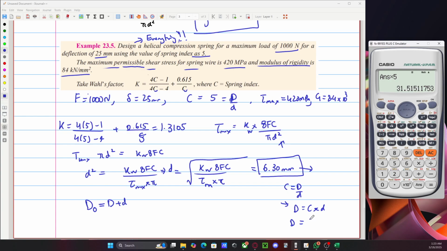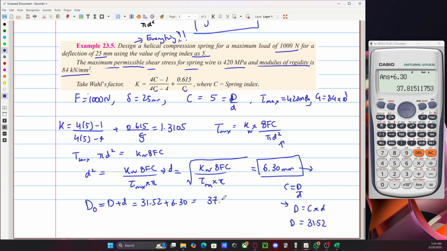So we get 31.52. And then we add it to 6.30, so this would be 31.52 plus 6.30, which is 37.82.